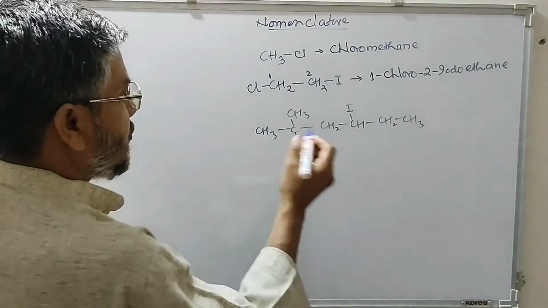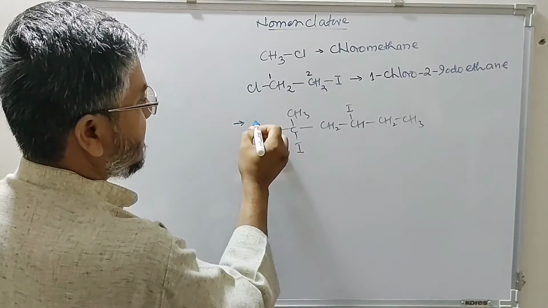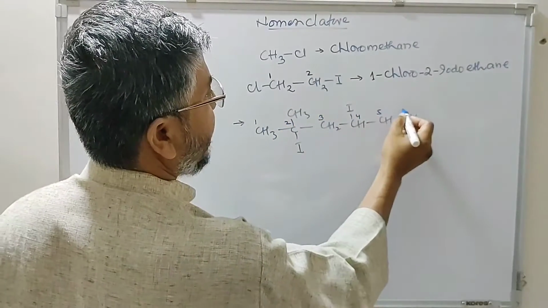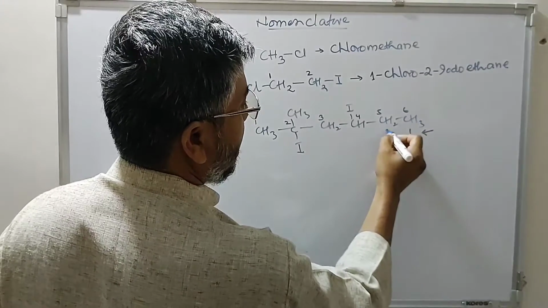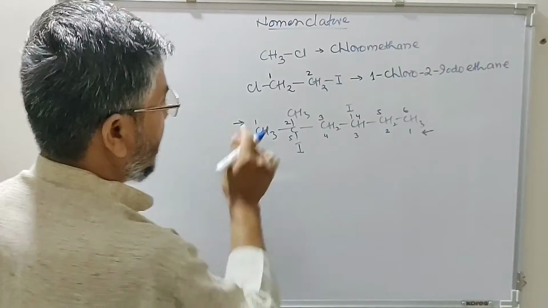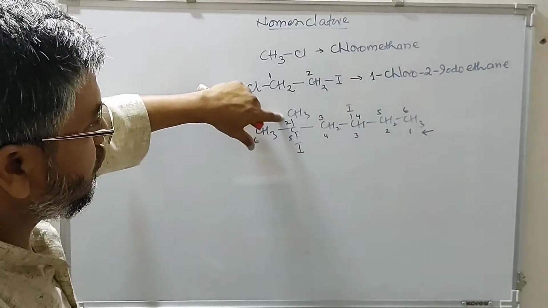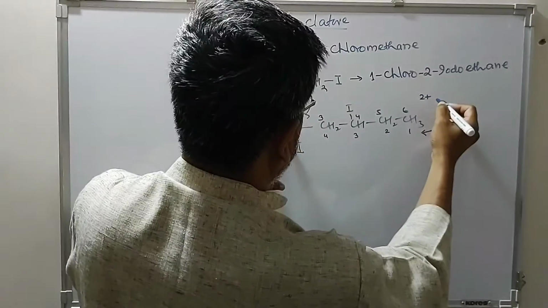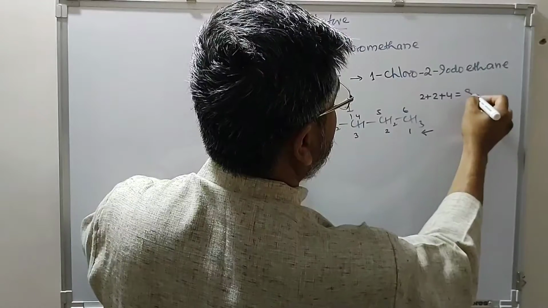So we have two possible ways of numbering. Counting from this side, 1, 2, 3, 4, 5, 6. We can also start numbering from this side, 1, 2, 3, 4, 5, 6. From this side, substituents are at positions 2 and 4. So we have 2 plus 2 plus 4, which comes out to be 8.